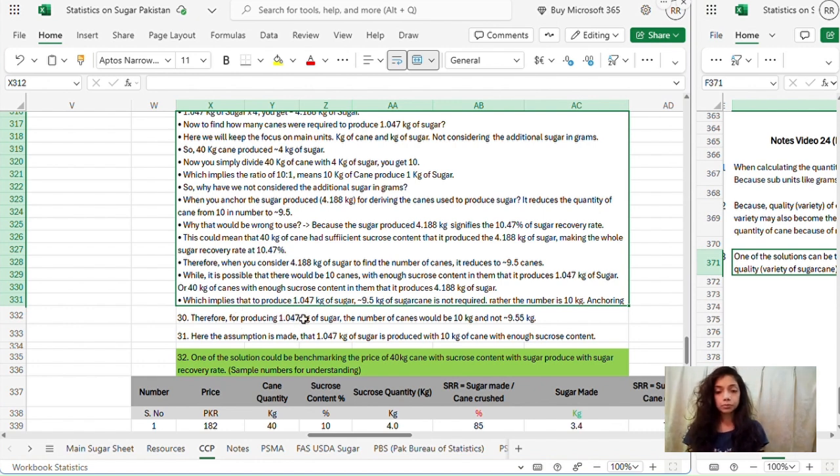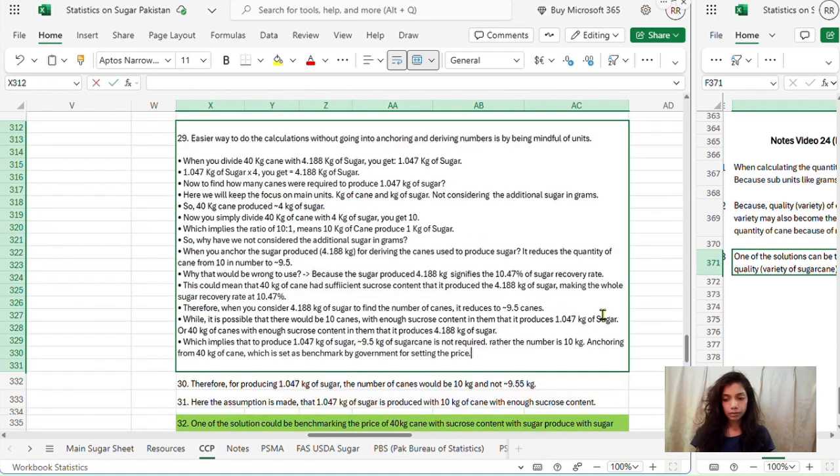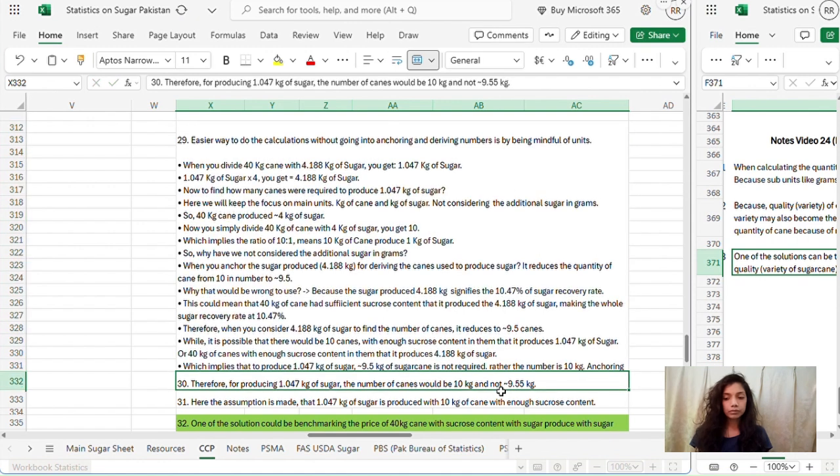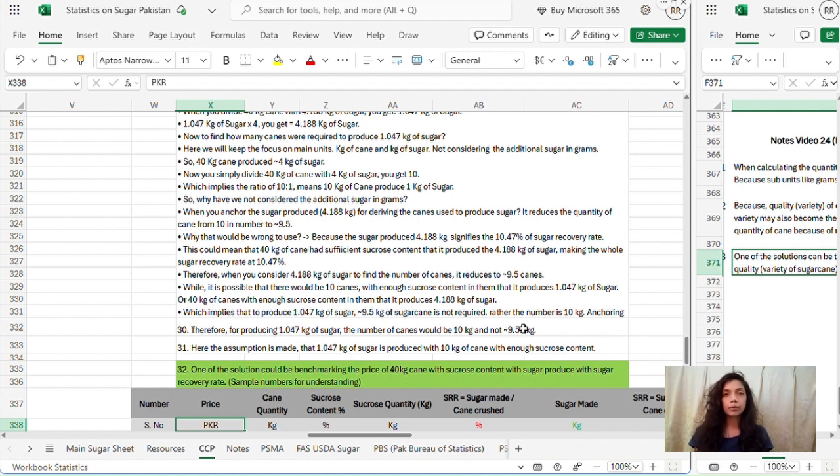Which implies that to produce 1 kg and 47 grams of sugar, approximately 9.5 kg of sugarcane is not required. Rather, the number is 10 kg, anchoring from 40 kg of cane, which is set as a benchmark by the government for setting the price. So one of the things that creates a difference here is that the provincial government sets the indicative prices for purchasing of sugarcane.